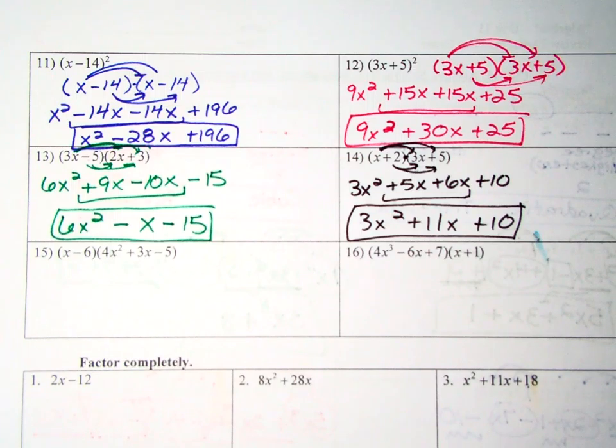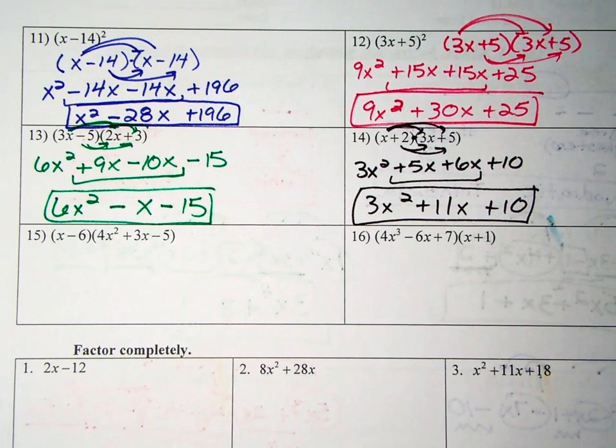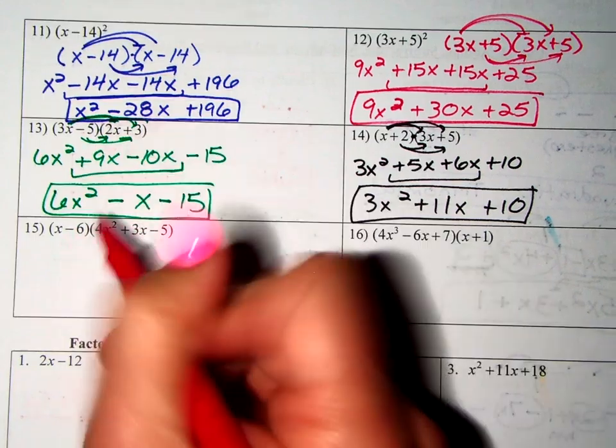Now the next one is a little bit more complicated because there are multiple terms in that third one, but it really is the same basic idea. Really, we just have to multiply because there's multiplication between these.